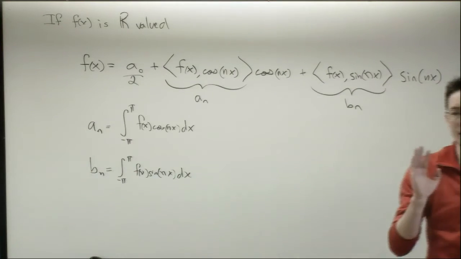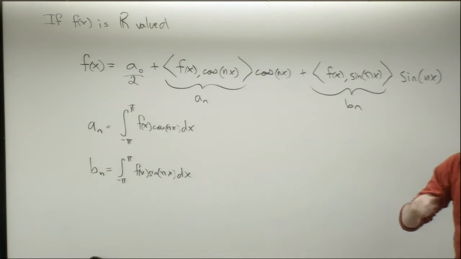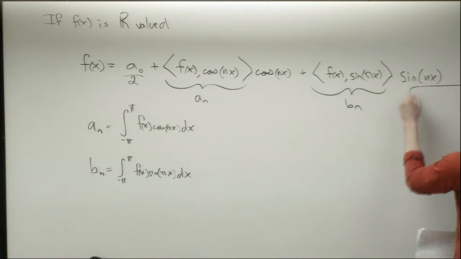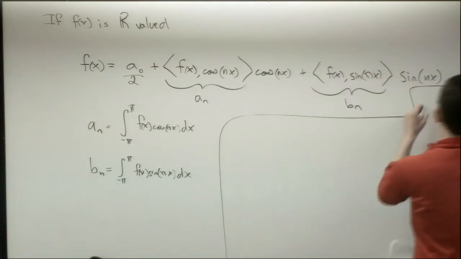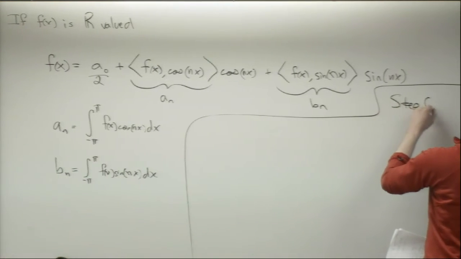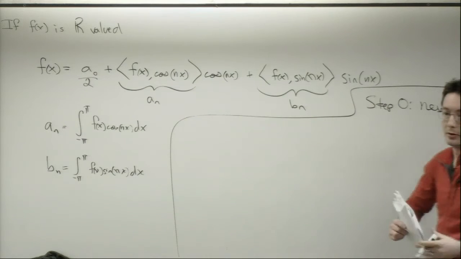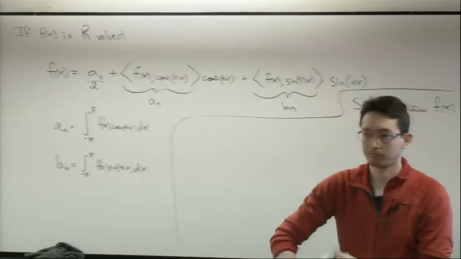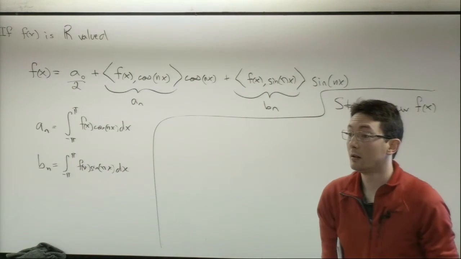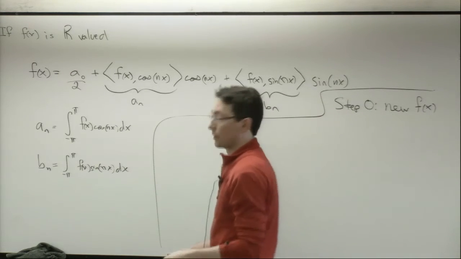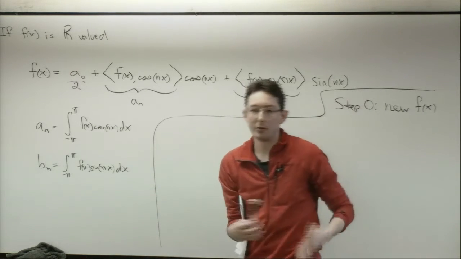Okay, so in practice, what do we do if we have a new function? So step 0, I have a new function. How do I compute its Fourier series? How do I actually do this, like in a computer or by hand?